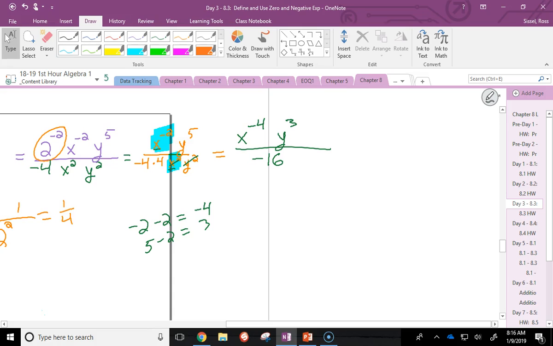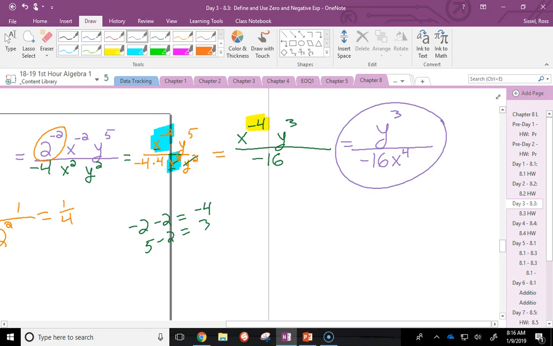The reciprocal of the x. Because our x is a negative 4. So this would finish out with y to the third over negative 16 x to the fourth. That would be all. Okay.